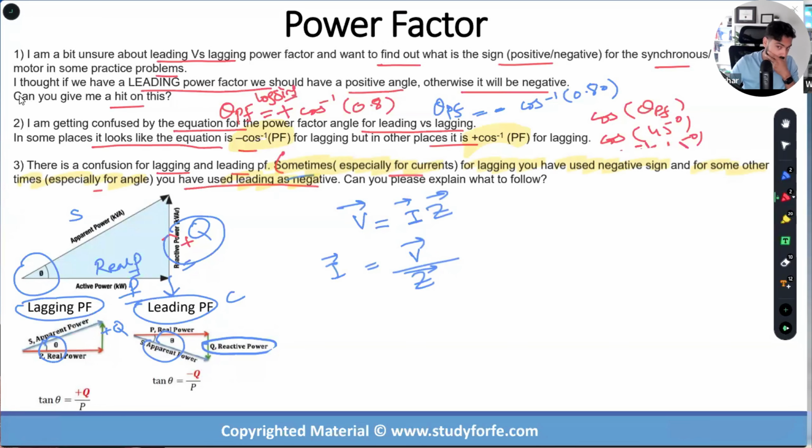For currents, he's saying that when the power factor angle was lagging, the current angle theta I, you ended up using negative. When theta power factor was leading, your theta I was positive.